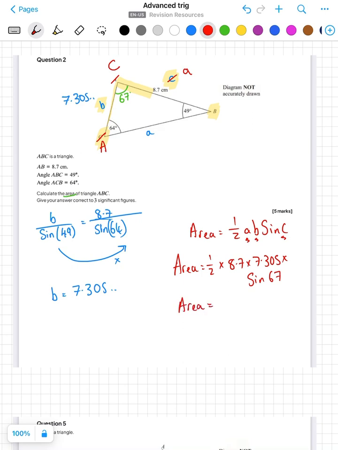And we pop all of that in our calculator. So a half times 8.7 times our answer from previously times sine 67. So the area is 29.3 centimetres squared to 3 significant figures.